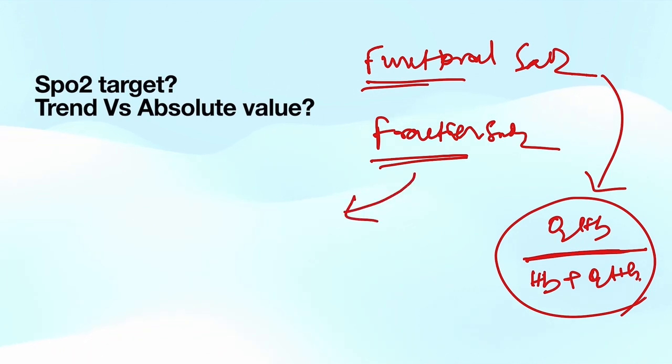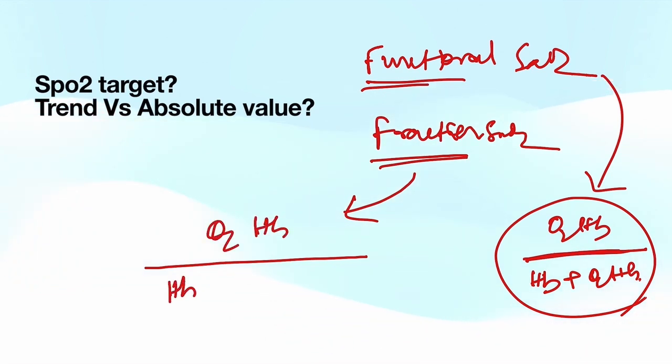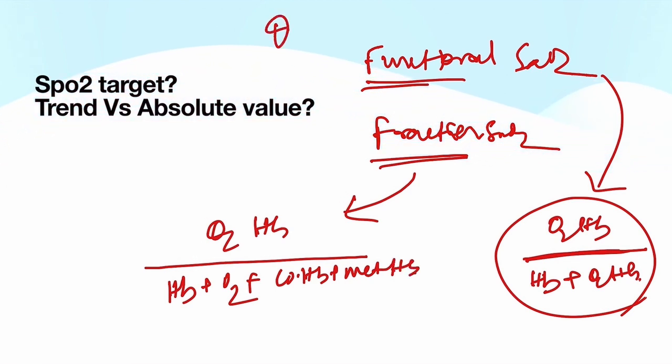For calculation of fractional, we need to consider all four hemoglobin species in the denominator, right? Oxyhemoglobin divided by oxy, deoxy, carboxyhemoglobin and methemoglobin. It is also important as an MCQ in NEET, right?